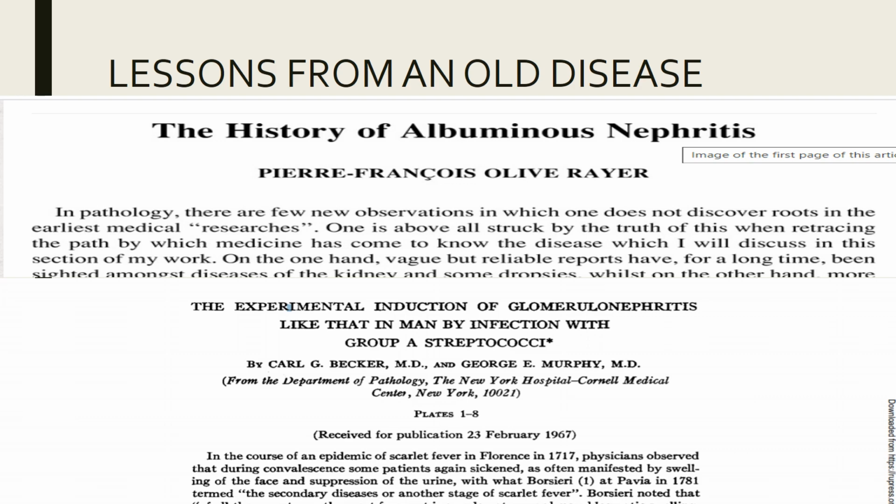It traces the history of the people that actually proved, firstly, that scarlet fever was caused by streptococcal infection, and then finally we get to this paper that is an experimental study that simulated post-strep glomerulonephritis pathological features in rabbits. So these guys injected antigen-antibody complexes into rabbits, and they were able to simulate the pathological features that are seen in post-strep glomerulonephritis.